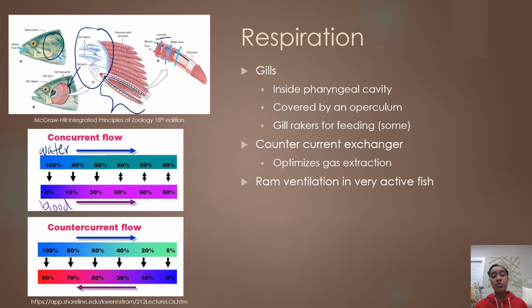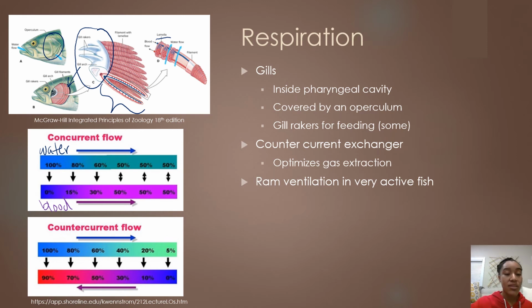And so what we're looking at in these percentages is the percentage of oxygen that's present in the water and the percentage of oxygen that's present in the blood. If we had a concurrent flow, we would be extracting a lot of oxygen from the water when our blood is depleted.